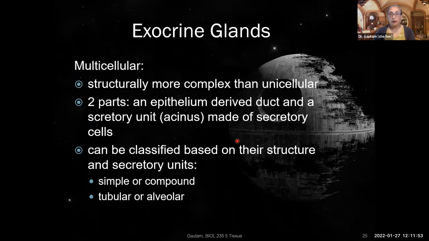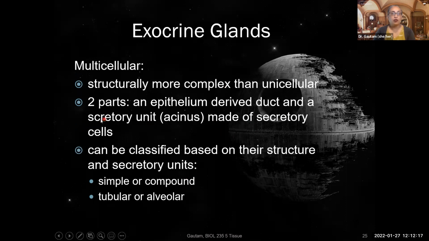Now we take a look at the multicellular. Multicellular glands are obviously going to be structurally more complex than unicellular. There are two parts to a multicellular exocrine gland. One is the factory, the cells that produce and secrete their material.